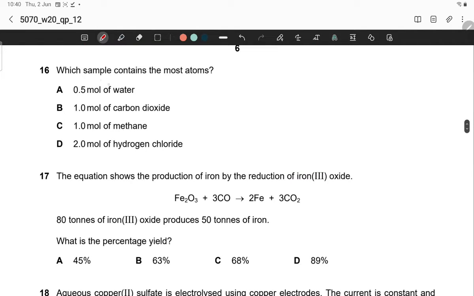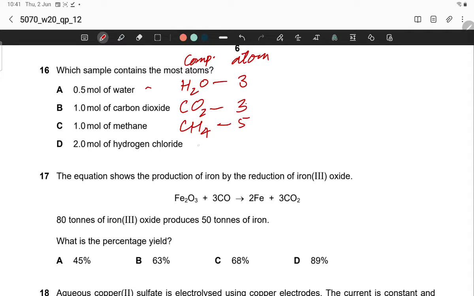Question number 16. Which sample contains the most atoms? Water has 3 atoms. Carbon dioxide, CO2, also has 3 atoms. Methane, CH4, has 5 atoms, and hydrogen chloride has 2 atoms.